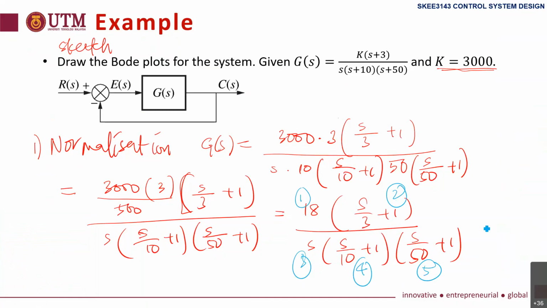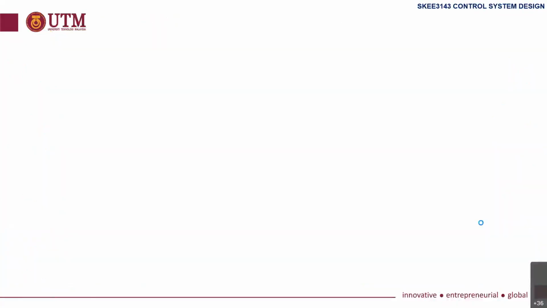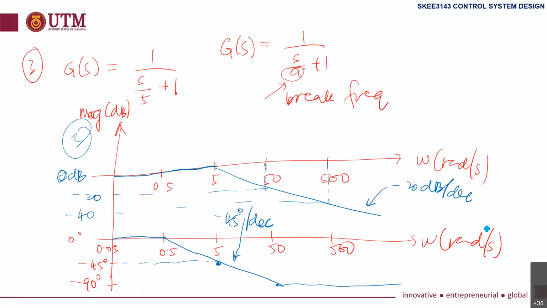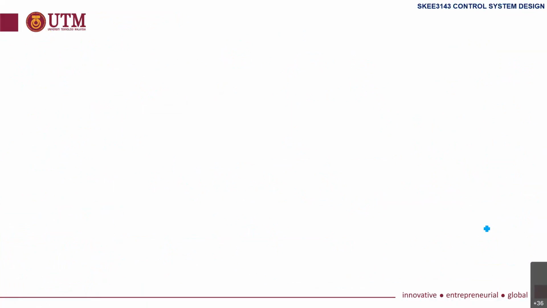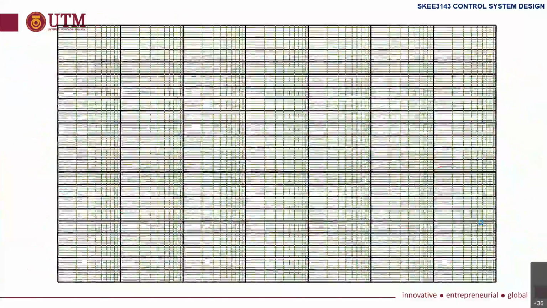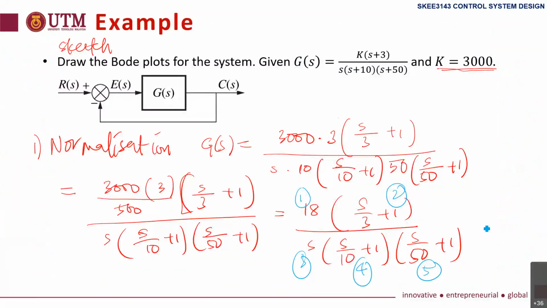If we want to sketch a Bode plot, then we have to sketch initially each component, similar to what we did one by one, step by step. Here we have 3 components. Here, of course, it is more difficult because we have 5 components.